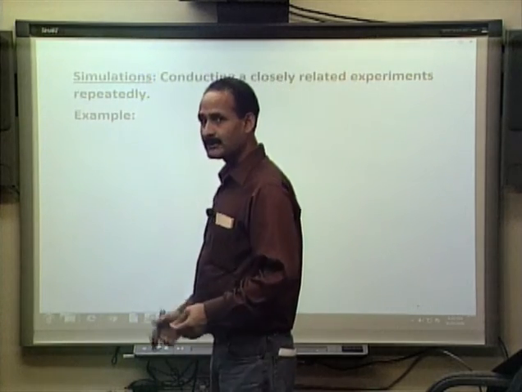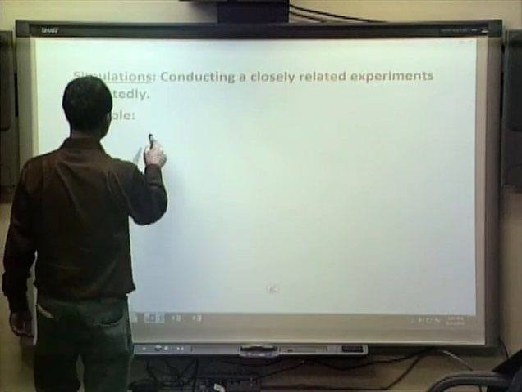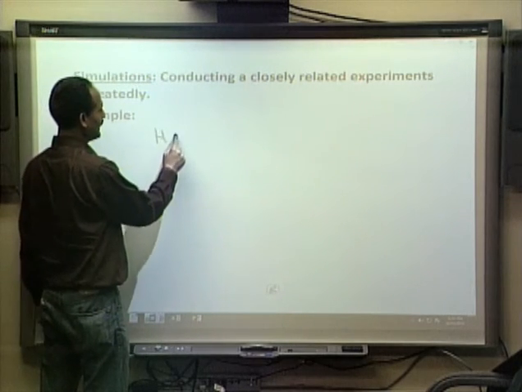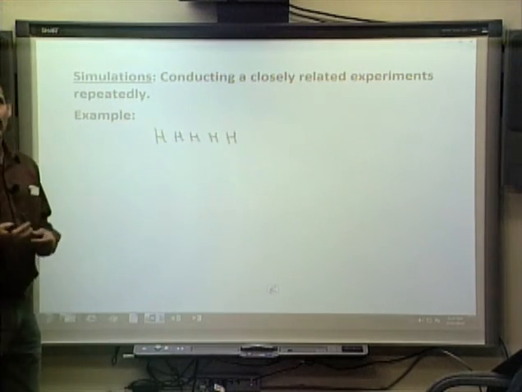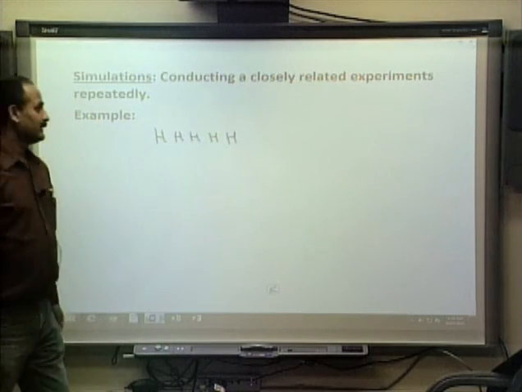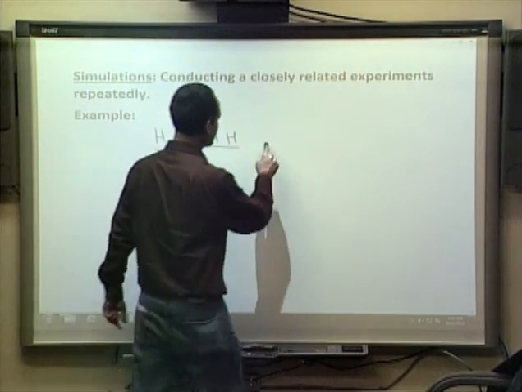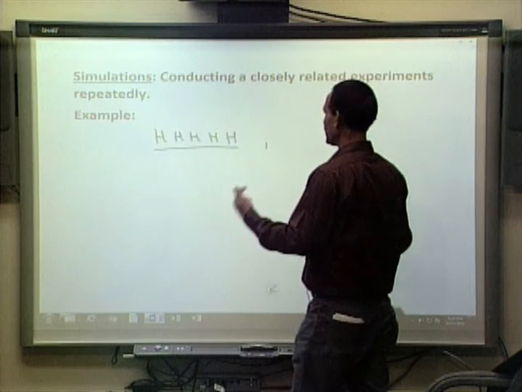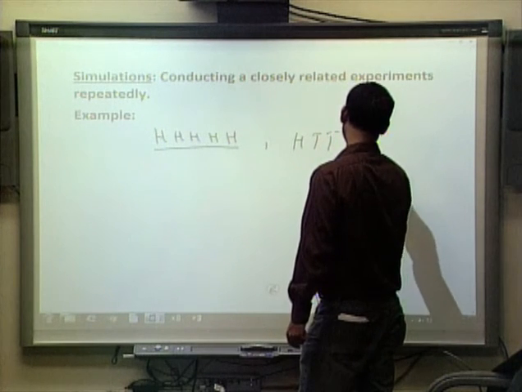If that's my question, I can really do the experiment. Suppose I toss the coin 5 times and let's say I get a head. This is one trial done. Then I toss the coin 5 times again, and let's say I get head, tail, head.